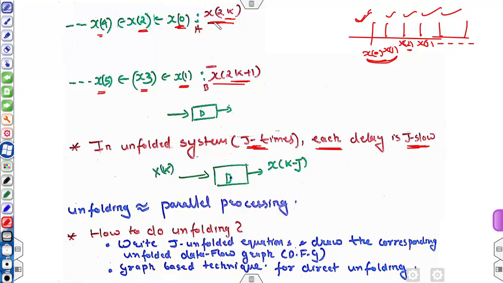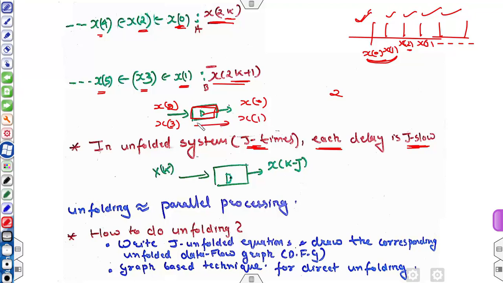So if there is a delay element in the circuit, in the version unfolded by a factor of 2, and the input to the delay element is x2, then the delay element would have the sample previous to x2, that is x0. If the input to this delay element would have been x3, the sample stored in the delay element would have been x[1].